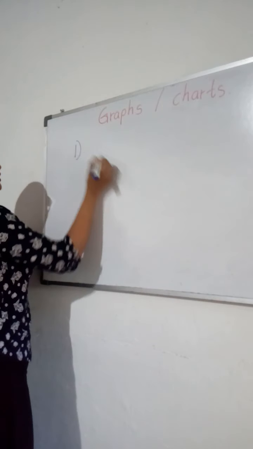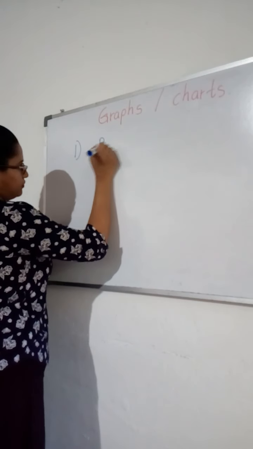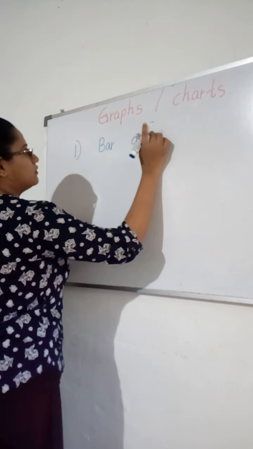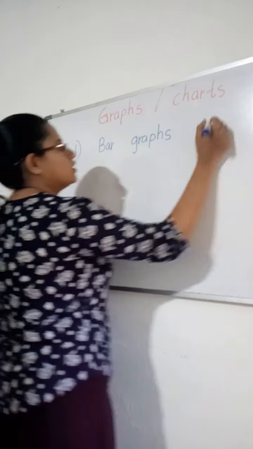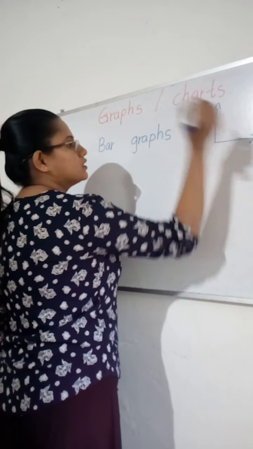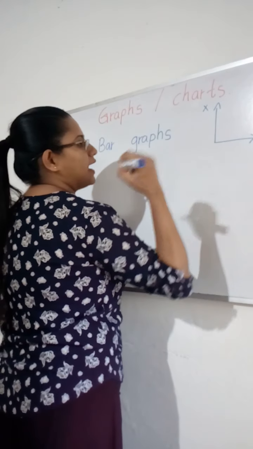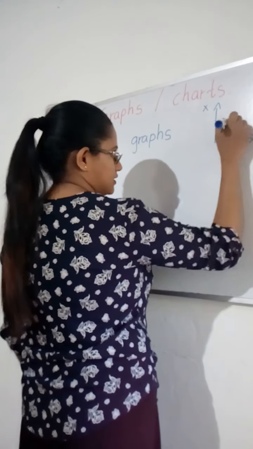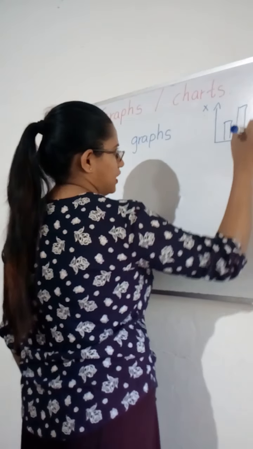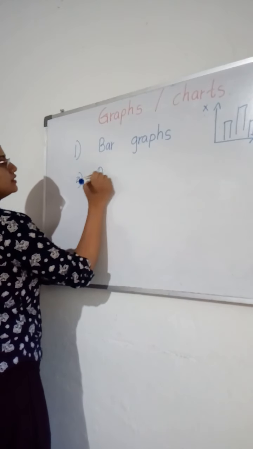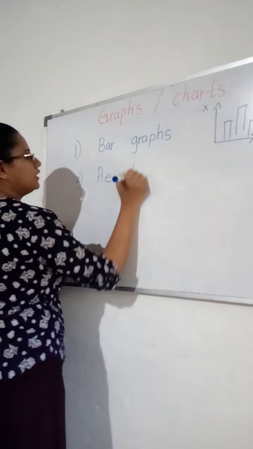The first one is bar graphs. Bar graphs are drawn by using two lines. We call it axes, x-axis and y-axis, and the bars. Second one is pie charts.